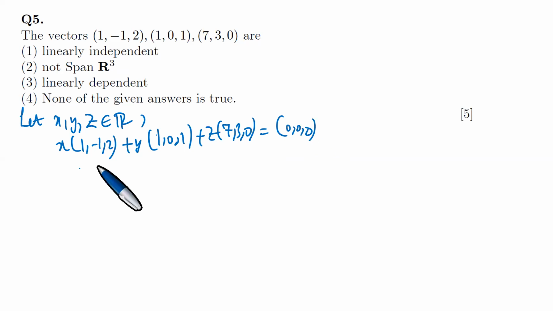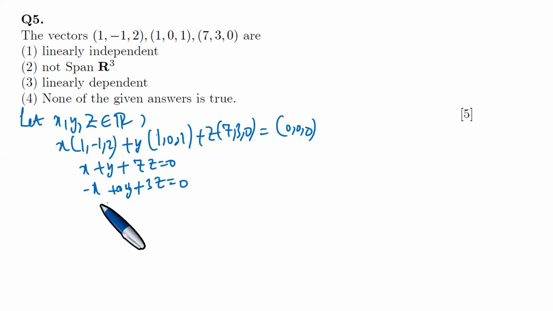So which means that we have x plus y plus 7z equals 0, minus x plus 0y plus 3z equals 0, then you have 2x plus y plus 0z equals 0.